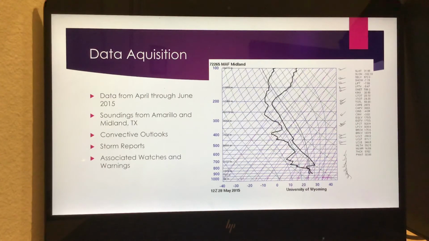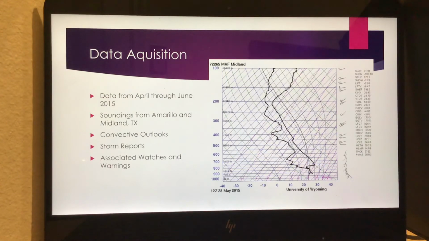I collected soundings from Amarillo and Midland, Texas. I wanted to grab some from Albuquerque, but the websites that I looked at did not have these soundings available from Albuquerque in their archives, so I'm limited to just these two for now, unless I can find more as I continue to look at everything.